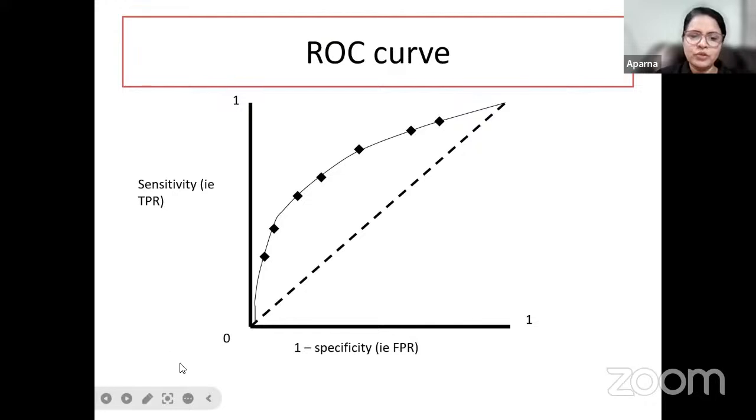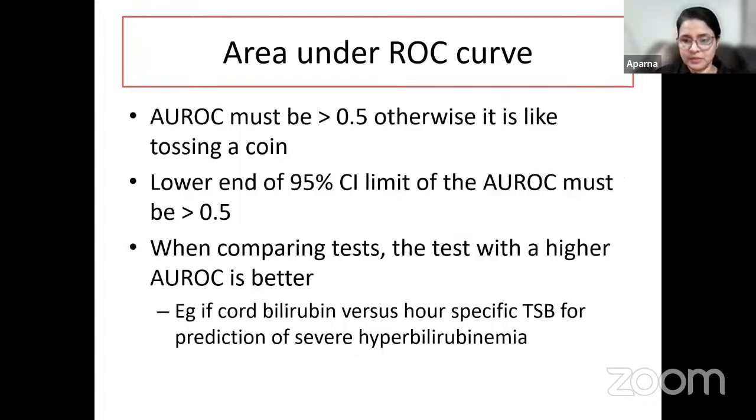Now if you were to represent the various cutoffs of the test and the corresponding sensitivities here, and 1 minus specificity, plotted against this particular graph, you are going to get this graph, which is called the ROC curve. The reason this curve is so important is because of the total area under the ROC curve, AUROC. The greater the AUROC is, the greater is the diagnostic performance of the test.